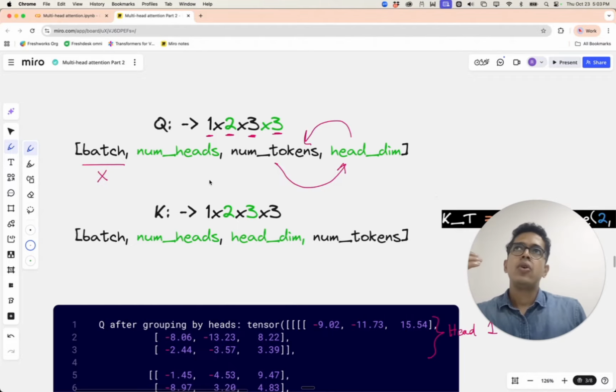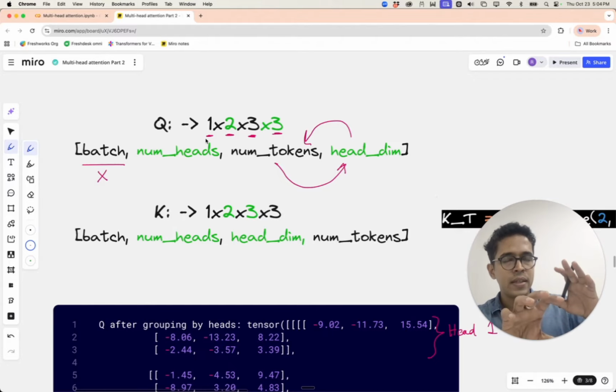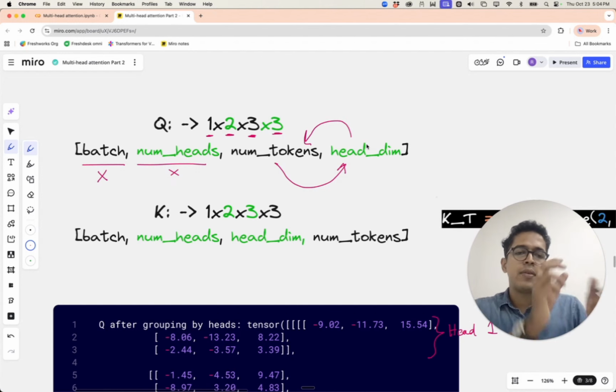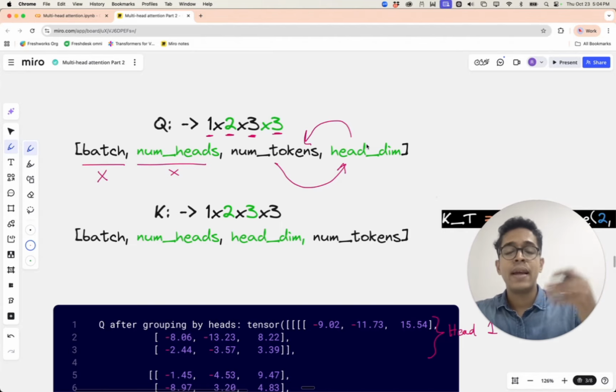Similarly, we also know that in the transpose, we are not mixing between attention head number 1 and head number 2. Because if we are doing q dot k transpose, it is between q of attention head 1 and k of attention head 1. So the number of heads dimension also we don't have to touch while taking the transpose. So that itself makes it clear that these are the 2 dimensions which I have to swap, or where I have to take the transpose to do key transpose.